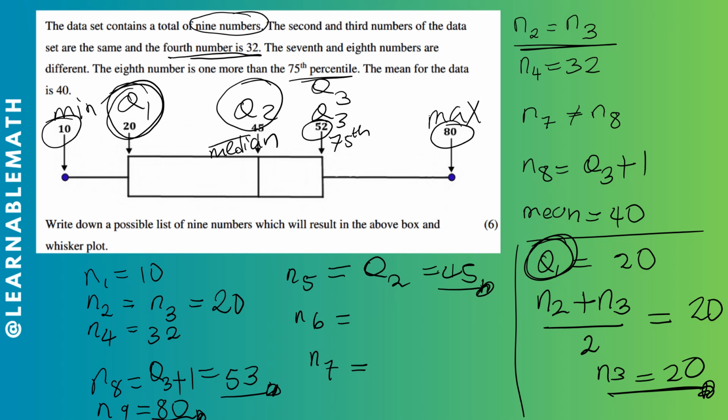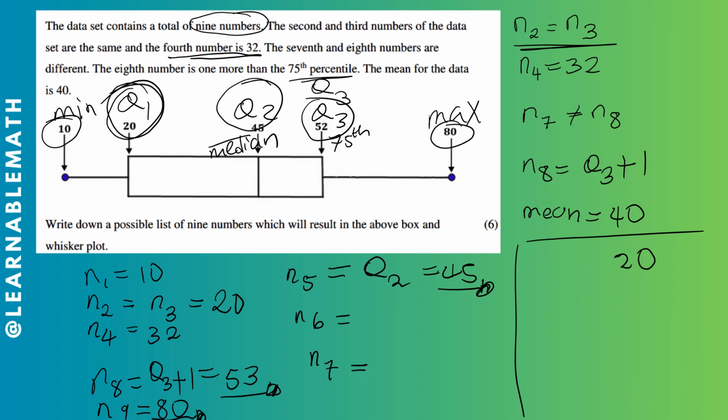All right, so let us go to the third quartile. That is the only one we haven't calculated or used so far. We're just told that number 8 is one more than the third quartile, but we haven't actually used it.